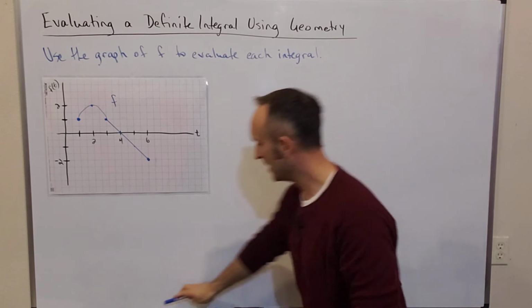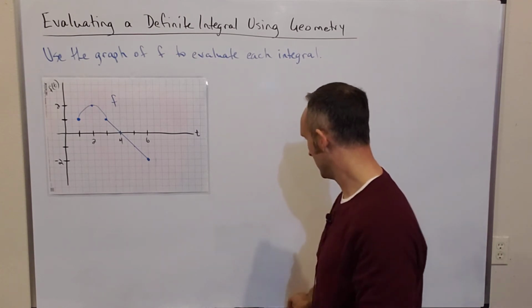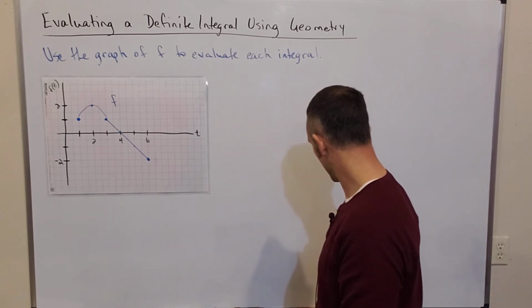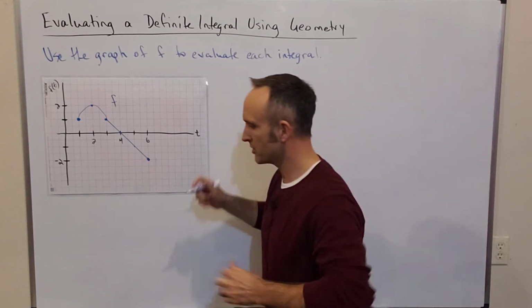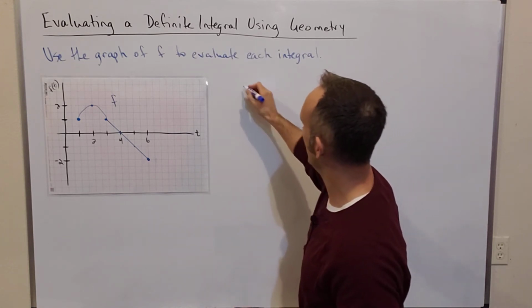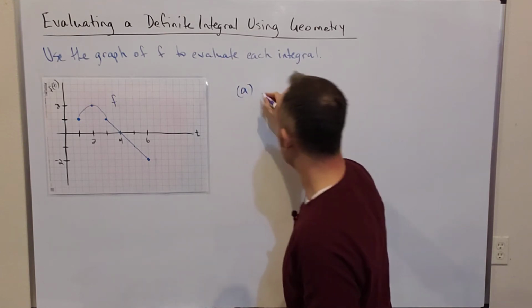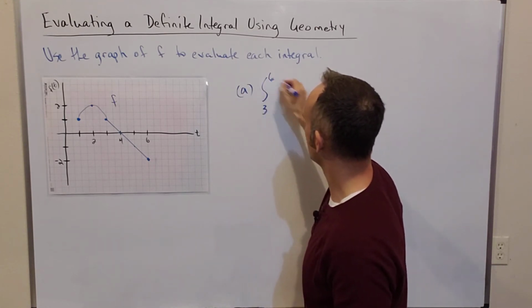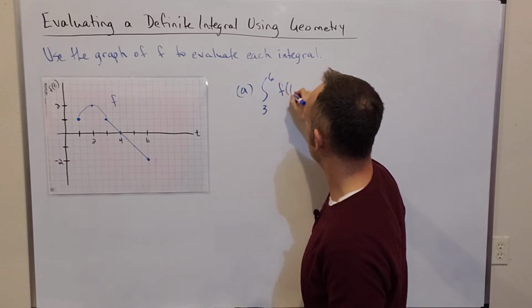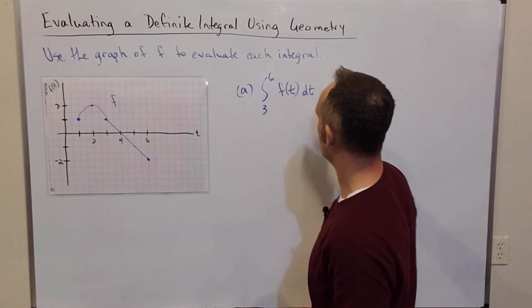Now, let's evaluate some definite integrals with this function. So, the first definite integral that I want to evaluate is the definite integral from 3 to 6 of f of t dt.